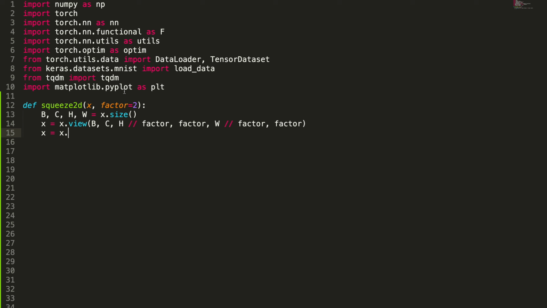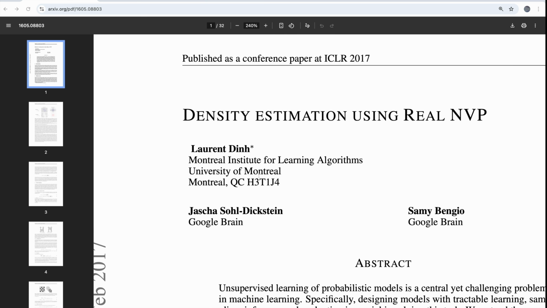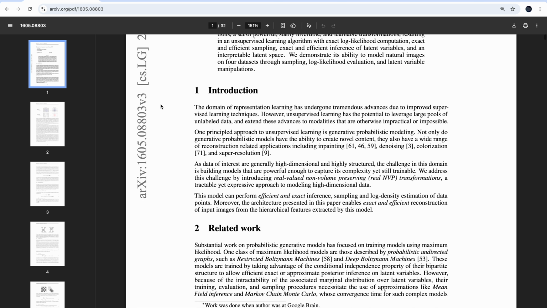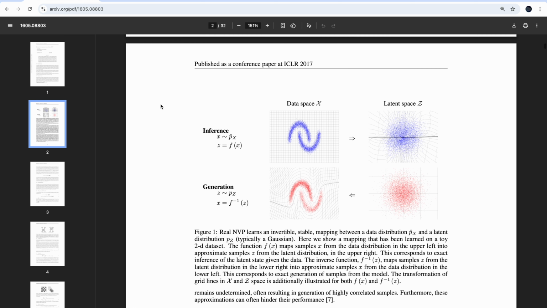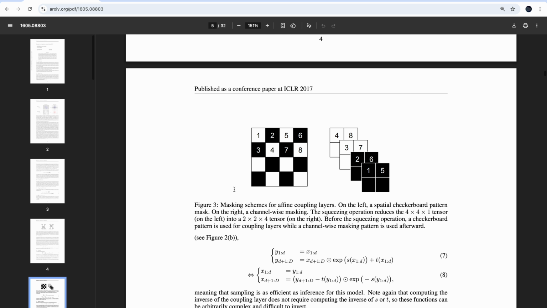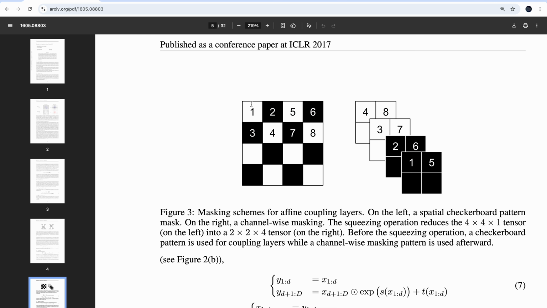So let's start by implementing the squeeze 2D operation. Basically what the squeeze 2D operation does is what we would call today pixel shuffle or pixel unshuffle. At some point, they trade the spatial resolution. They take this image and reshape it from left to right.